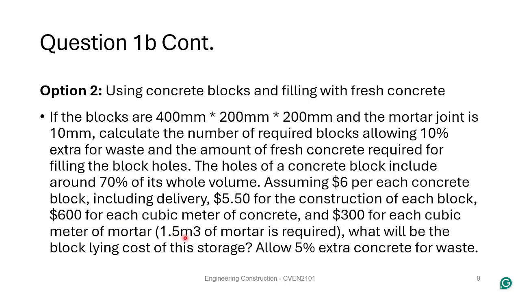And it's already said that 1.5 cubic meters of mortar is required. So praise the Lord, you don't have to calculate it like just then. So what will be the block laying cost of this storage, allowing 5% extra concrete for waste? So we have a 10% allocation for waste in terms of the blocks, and then 5% for waste of fresh concrete.